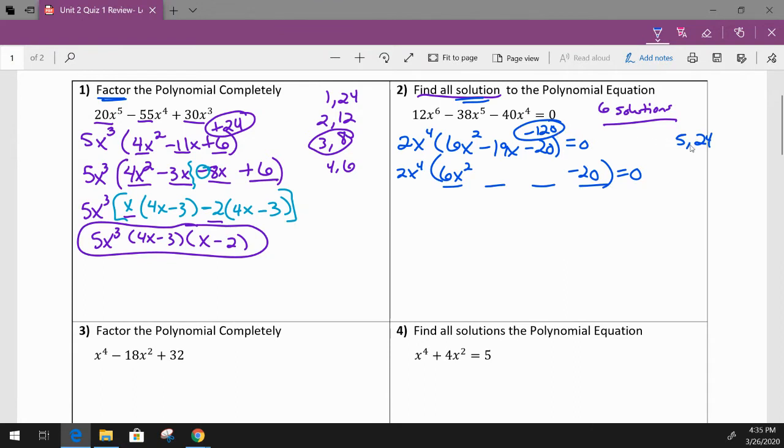And look at that, 5 and 24, the difference, if I were to subtract 24 minus 5, I would get 19. And because your AC and your C are negative, that means the signs in your 2 terms in the middle have to be different.